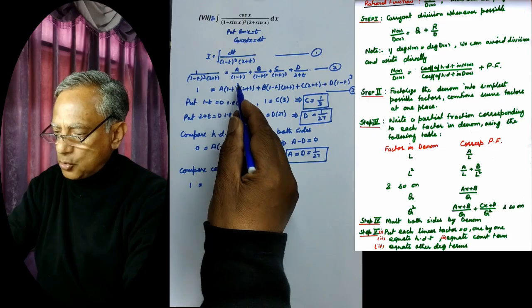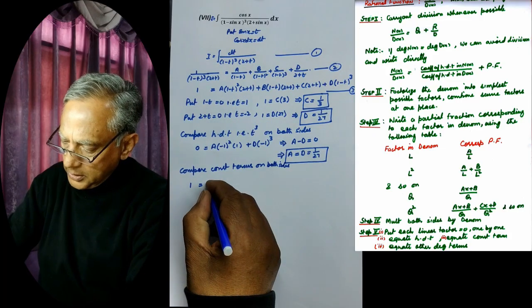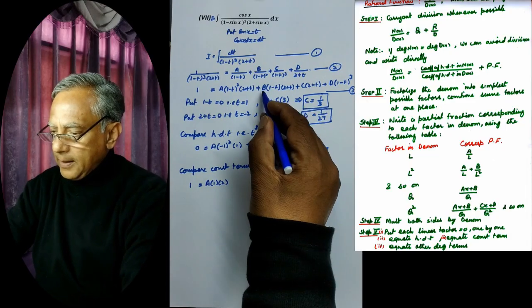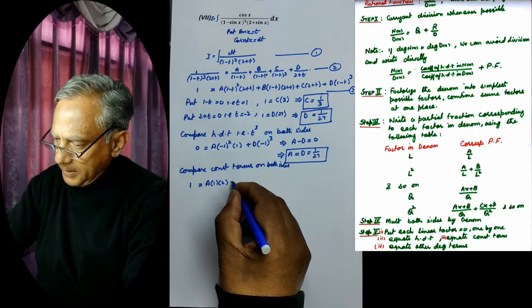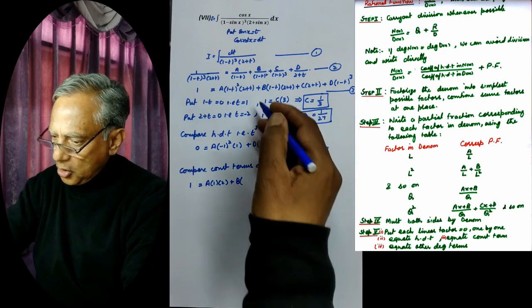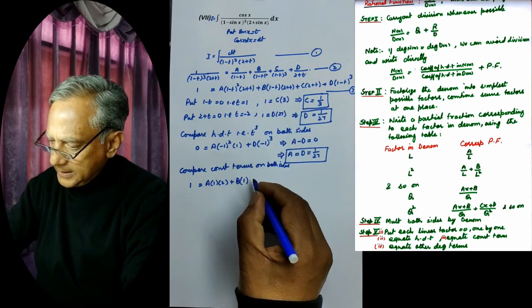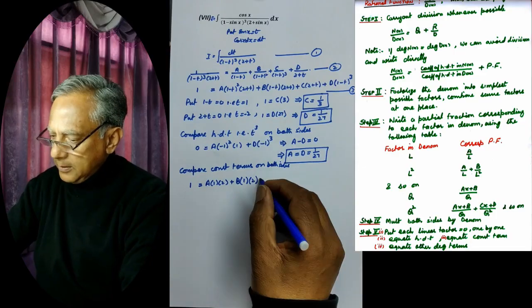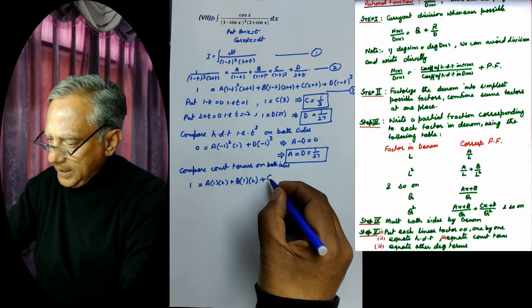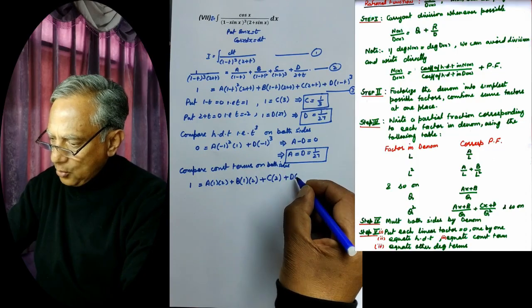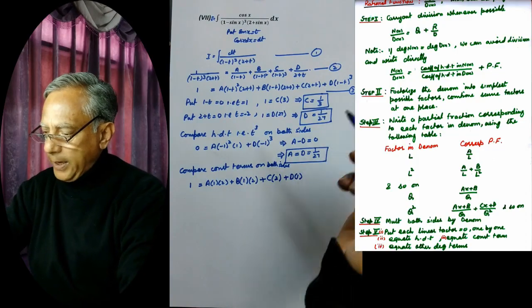So it will be 1 square into 2. So this will be a into 1 into 2. From here we will get plus b into constant term in this is 1 and constant term in this is 2, plus c into 2, plus d into 1 cube, that is 1.